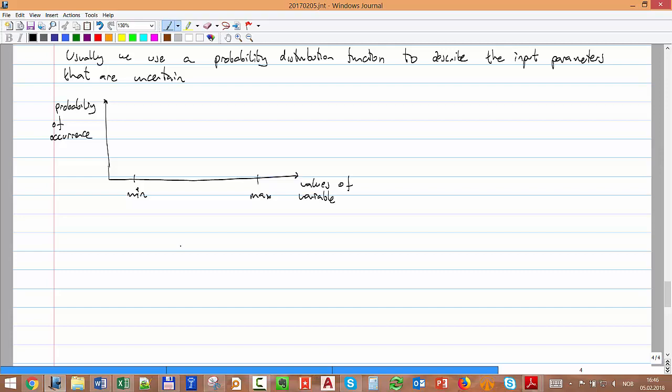I have a minimum and a maximum, but I don't know really which one is more likely. So in that case, I just say, well, basically all of them have the same. I just managed to find the minimum and the maximum, but everything in between has the same probability of occurrence. Okay, so that's what I call a rectangular or a uniform probability distribution.